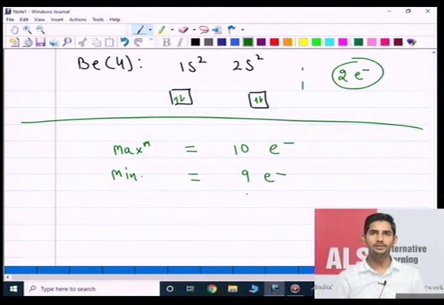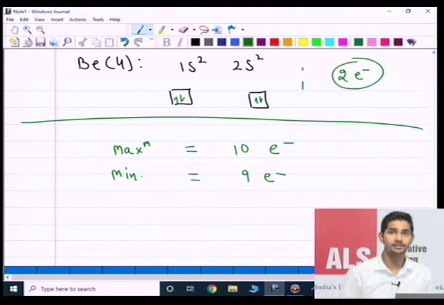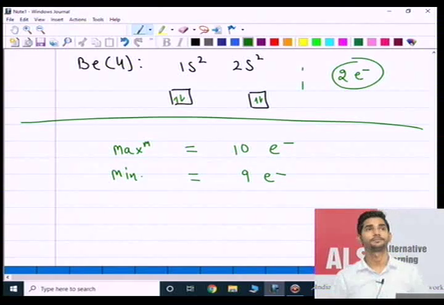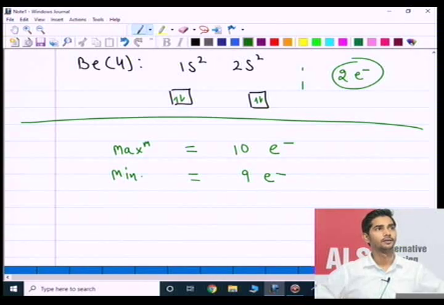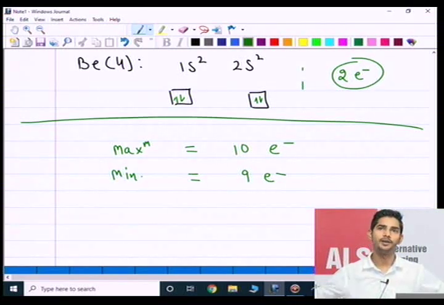Other than Varni, is there anyone who has got this answer? Any confusion or doubt regarding this one? Hi, Ampli. Anybody wants to ask me anything?